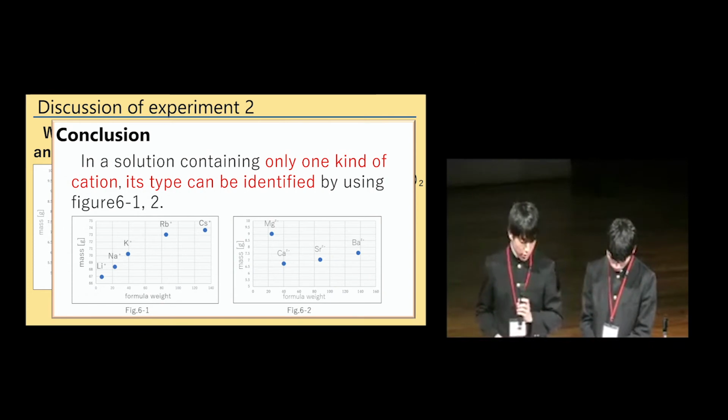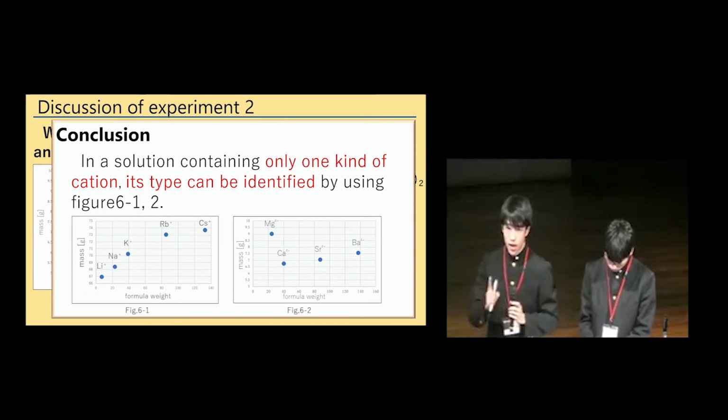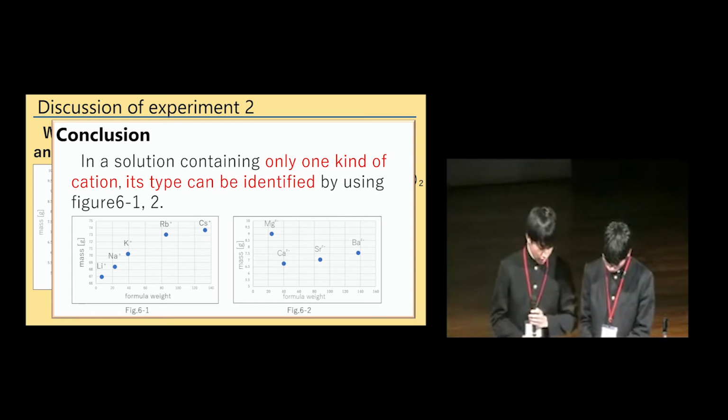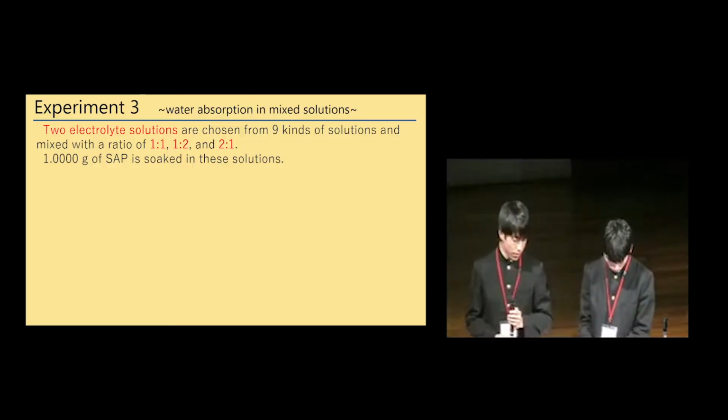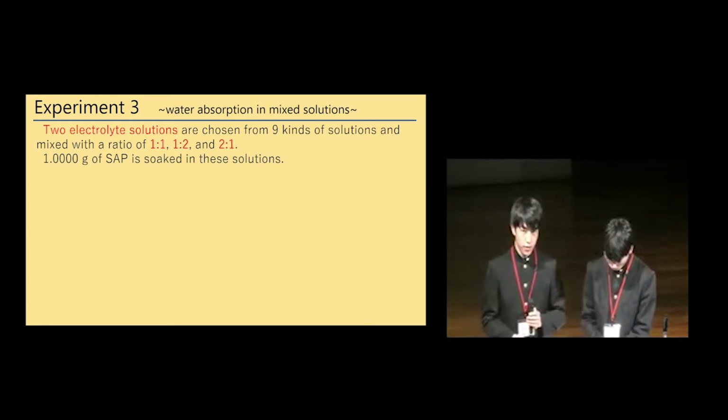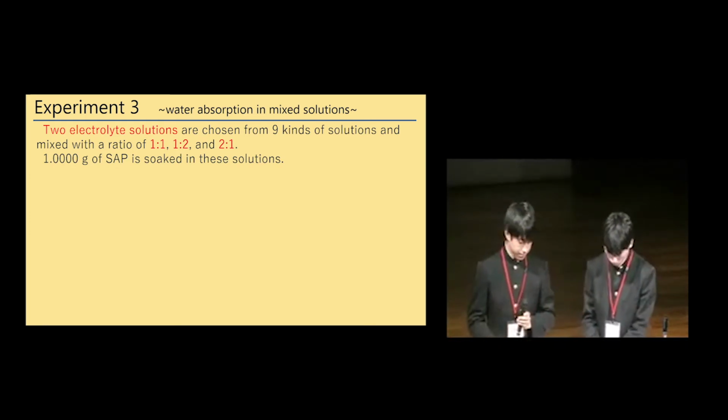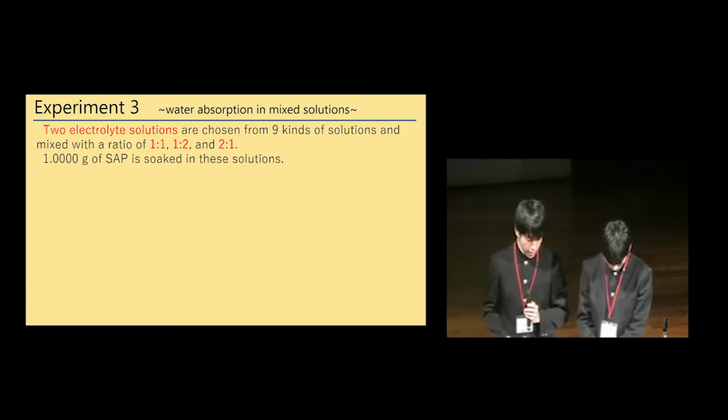From experiment 2, if a solution contains only one kind of cation, we can identify each type by using figure 6.1 and figure 6.2. Next, we conducted another experiment about the volume of absorbed water in a solution formed of two kinds of cations. Experiment 3.